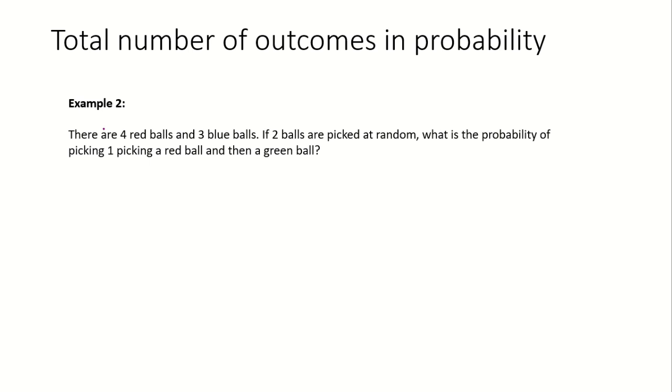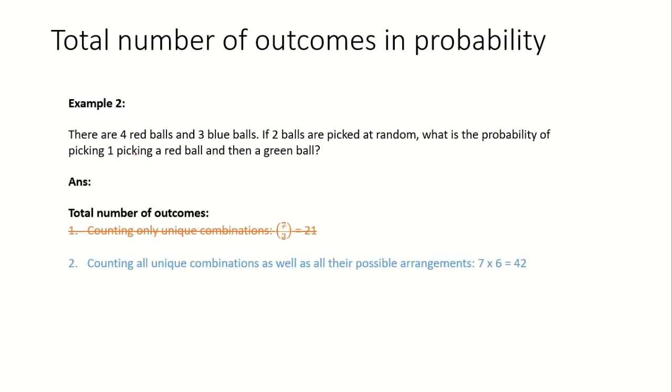Now, take another example. There are 4 red balls and 3 blue balls. If 2 balls are picked at random, what is the probability of picking a red ball and then a blue ball? In this case, we have to first pick a red ball and then a blue ball. Clearly the question suggests that the order does matter in the way you pick.